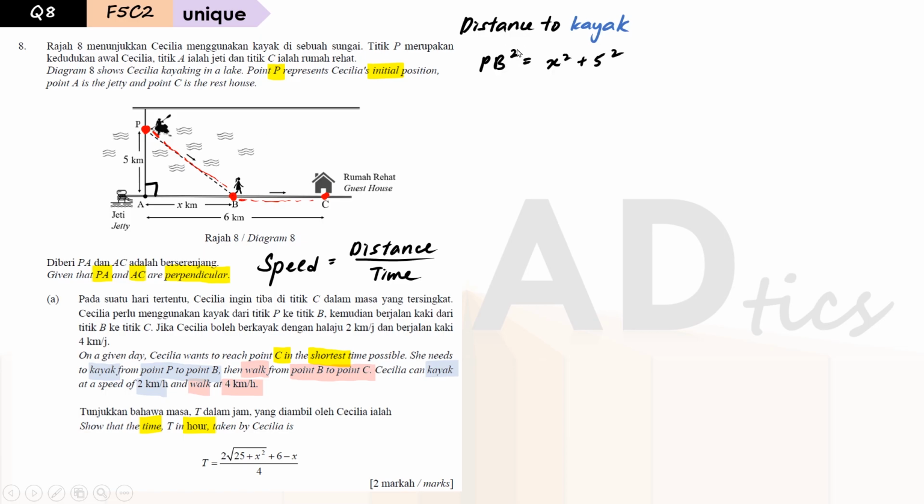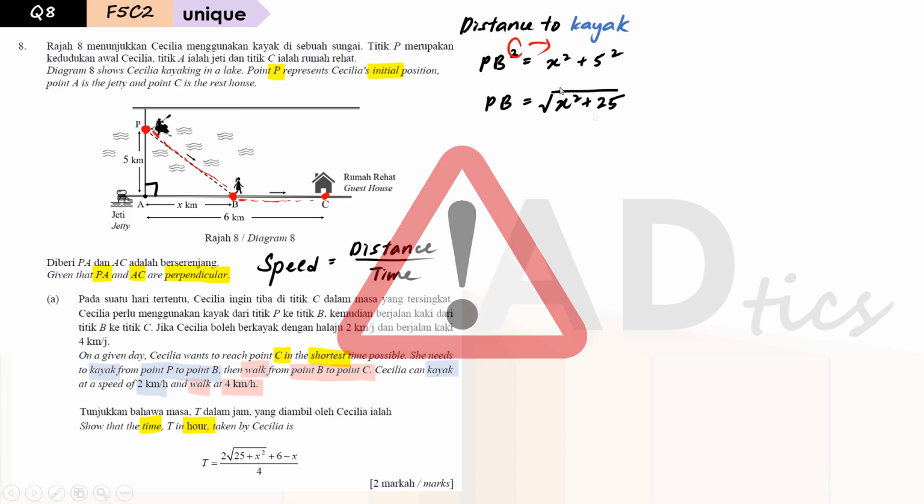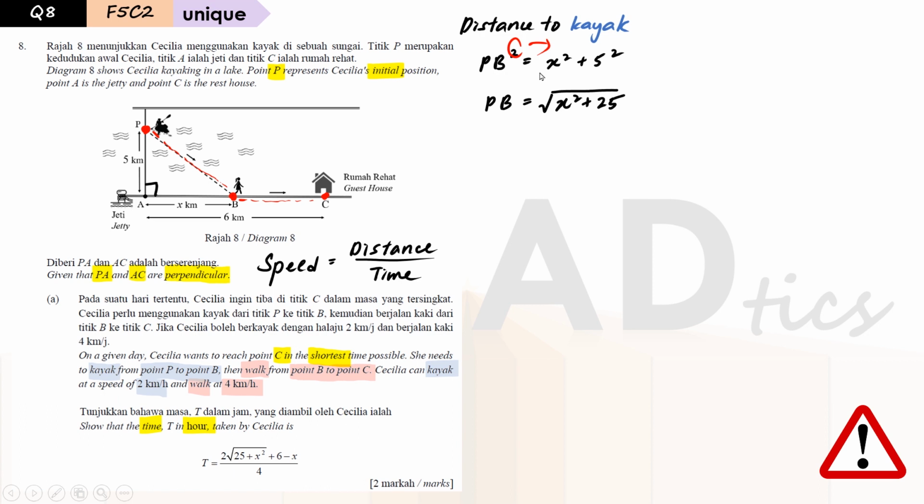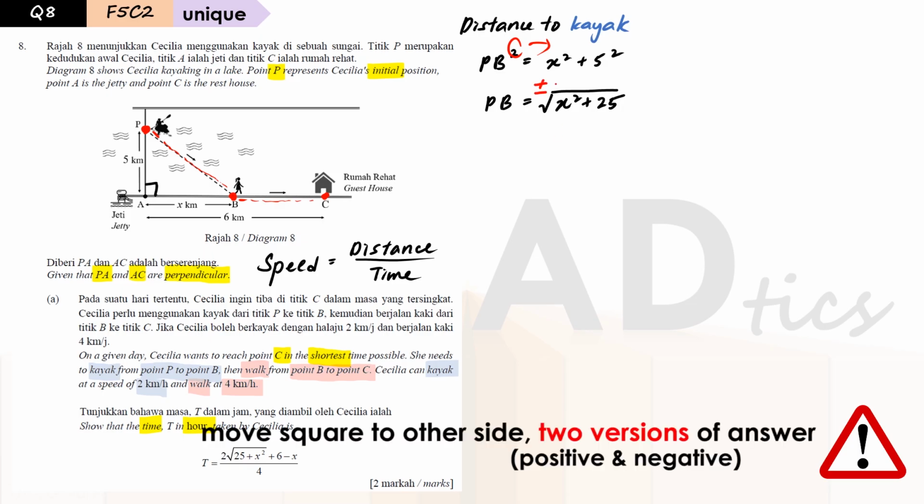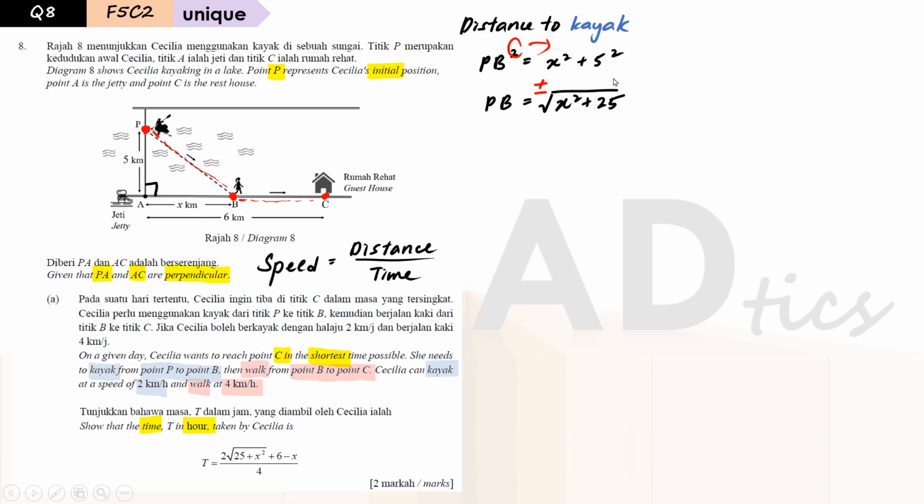which is PB squared. So we need to find the value of 5 squared, which is 25, and we are going to move the square to the other side, so it will be square root. As we mentioned in the previous questions also, when we move square to the other side, we need to consider two versions of the answer. One is the positive version and one is the negative version. But why do we only consider the positive version here?